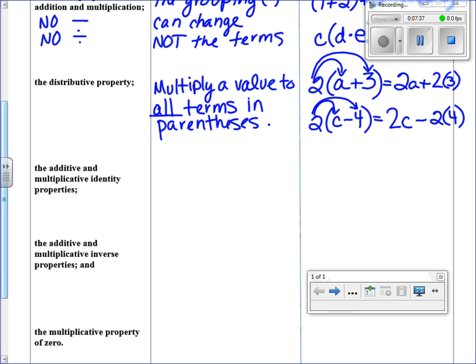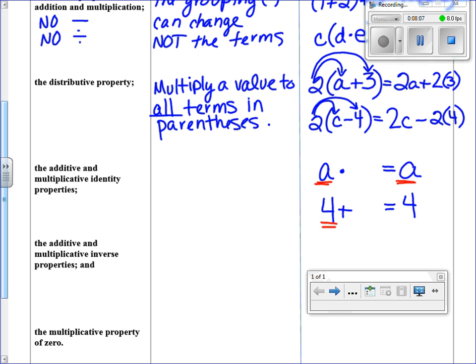So if I was to go ahead and say A times something is going to equal A. Okay? A times something is going to equal A. Or 4 plus something is going to equal 4. See how whatever is here maintains its identity over here.